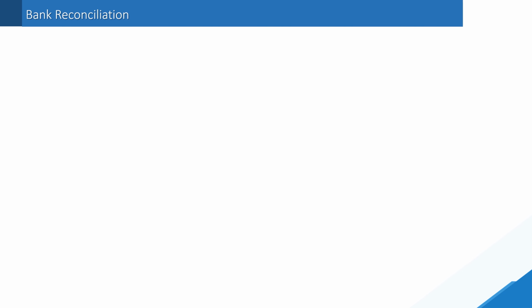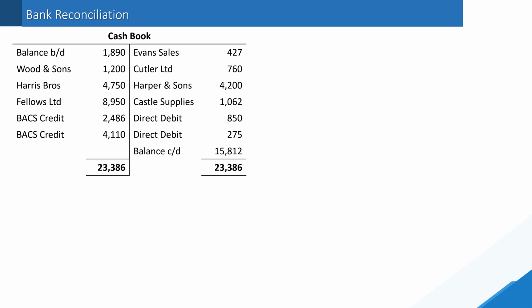We were given a cash book and we've completed those 4 steps. We identified the opening balance. We agreed those transactions that appeared in both. We updated the cash book with those transactions that were in the bank statement but we weren't yet visible of. And we finally revised our balance carried down.